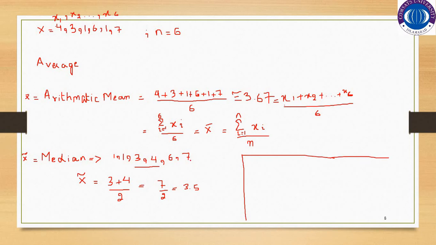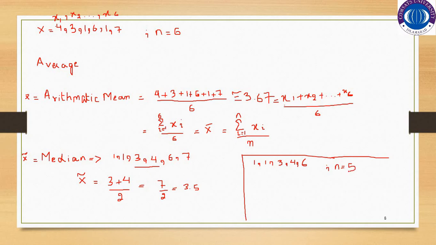Let's suppose this 7 is not here, then this would be 1, 1, 3, 4, and 6.